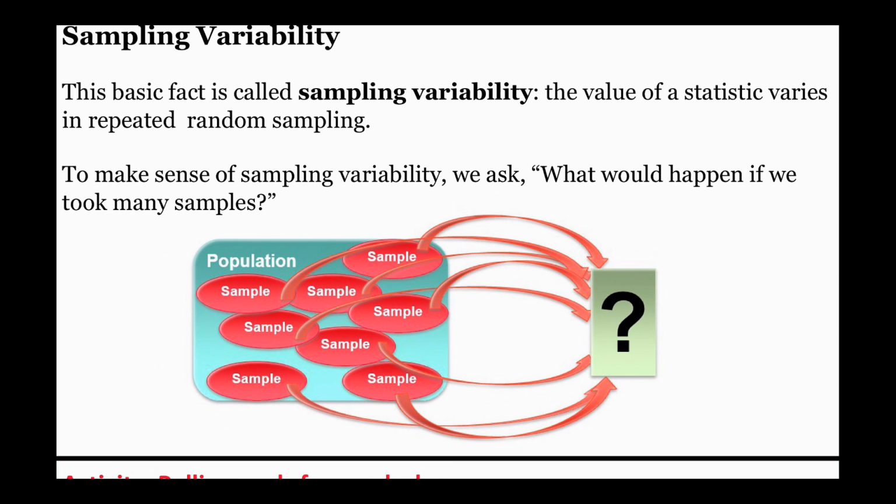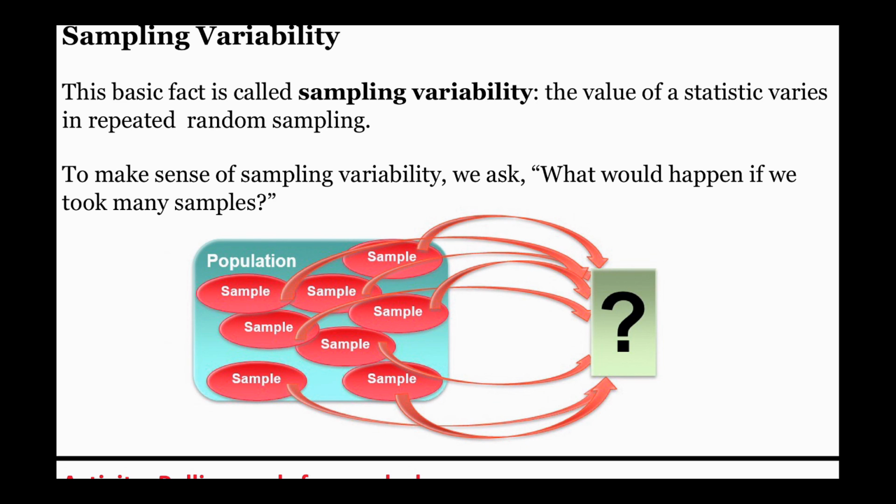Next thing, sampling variability. This basic fact is called sampling variability. The value of a statistic varies in repeated random samples. To make sense of random sampling, we ask, what would happen if we took many, many samples? So a perfect sampling distribution would be taking an infinite number of samples of a population.